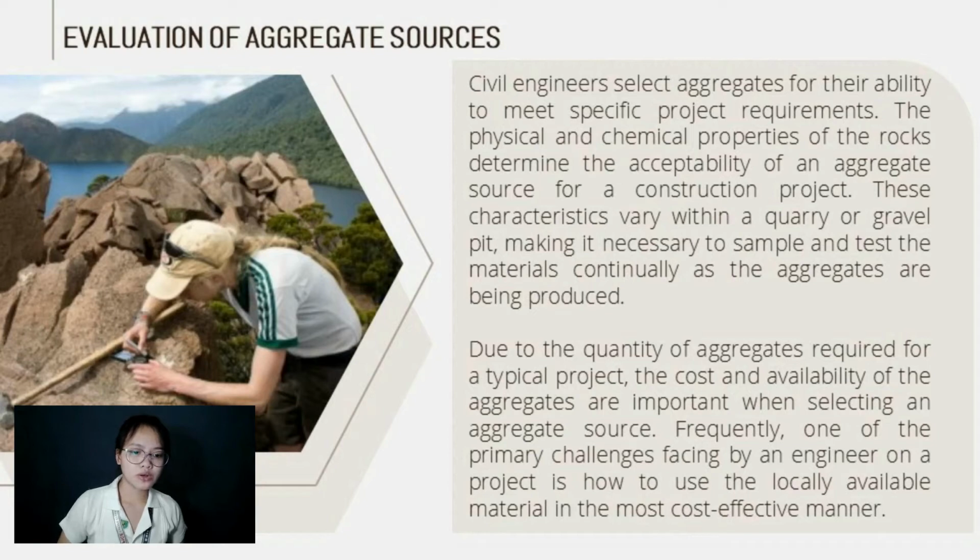And one of the problems of the engineer on a project is how to use the locally available material. It needs to assess the materials that are available locally, and it needs to be maximized to be used in a cost-efficient manner.